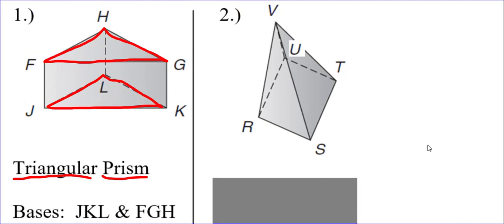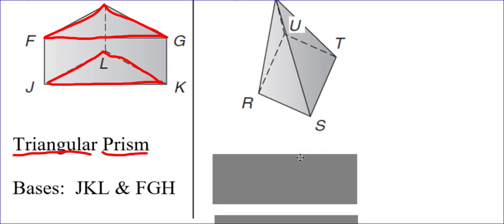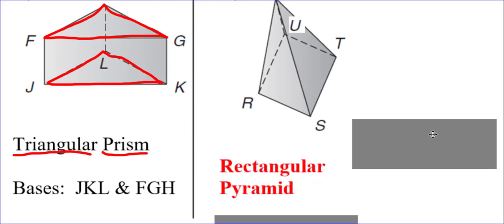All right, let's do number two together. First of all, is this a prism or is this a pyramid? Well, this was probably pretty obvious to you. There's one rectangle here on the bottom, and then there's four different triangles coming from that rectangle, all meeting at a point at the top. So this is definitely a pyramid, and since the base is a rectangle, it is a rectangular pyramid.